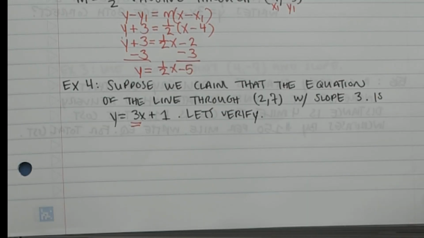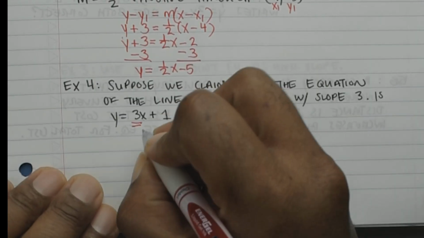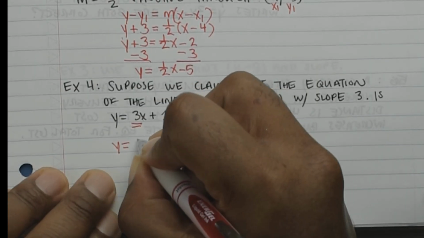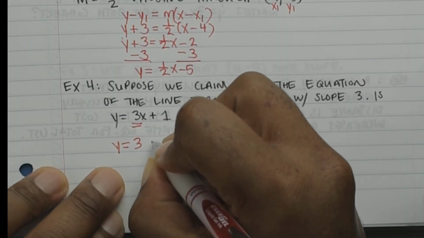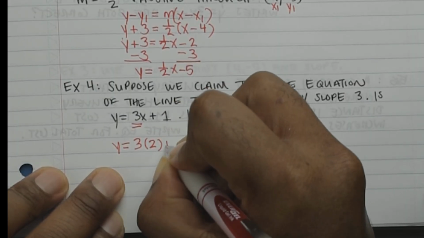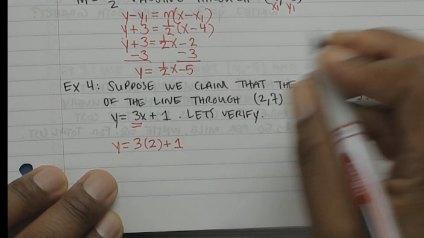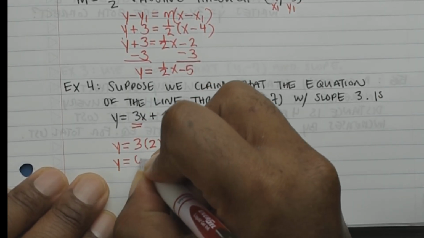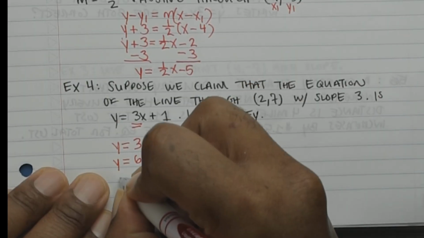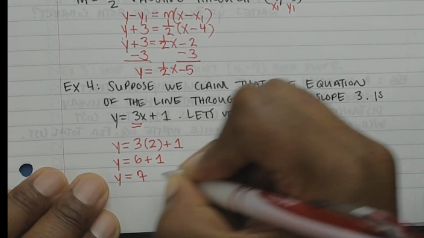Now check the point. We're going to substitute x equals 2 and write y equals 3 times 2 plus 1. y equals 6 plus 1. y equals 7.